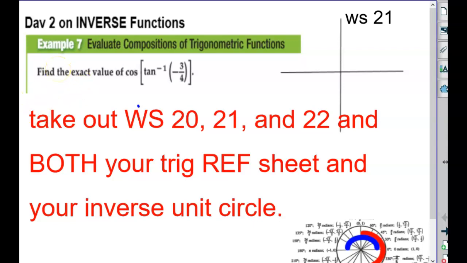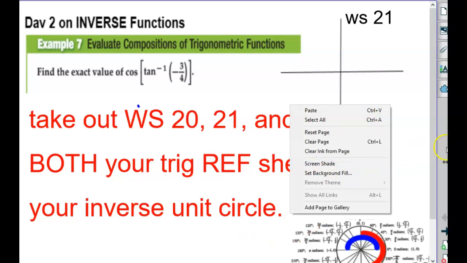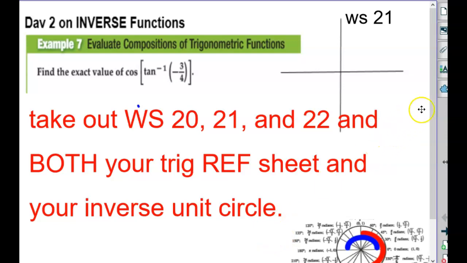Do you remember what the choices were for tangent? We had 0, 1, square root of 3, square root of 3 over 3, and then the negatives of those. I think that was it, wasn't it?